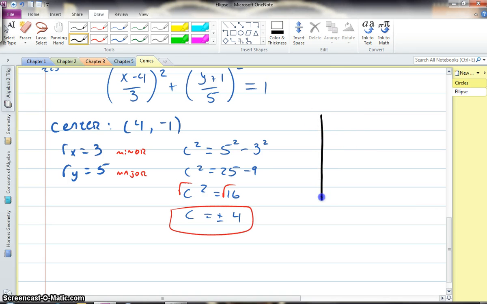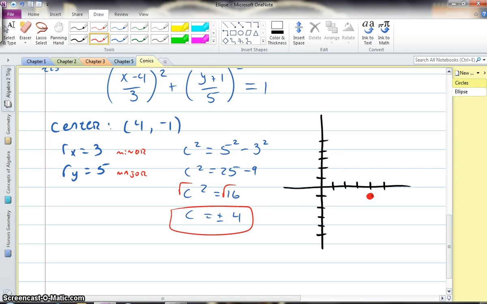All right, so here's my graph. It's going to fall in quadrant 1 and 4, so we don't really need that over there. I'm going to go 1, 2, 3, 4, 5 on each axis. So plot your center, 4, -1.